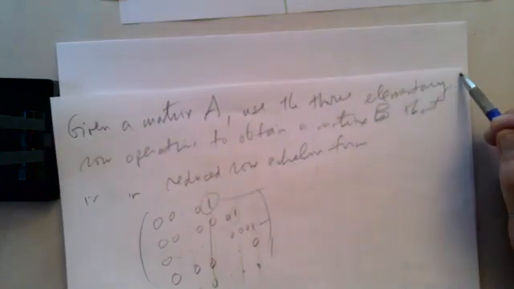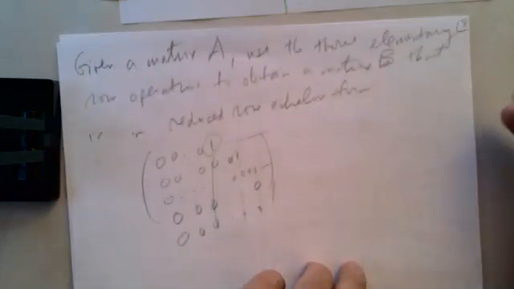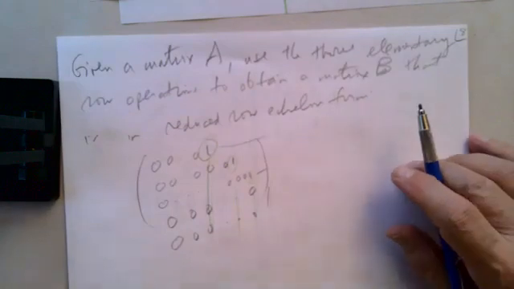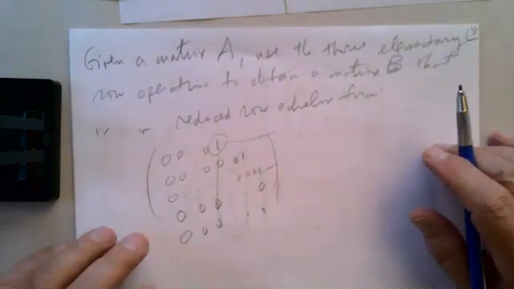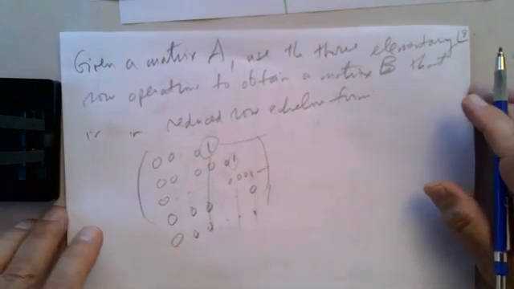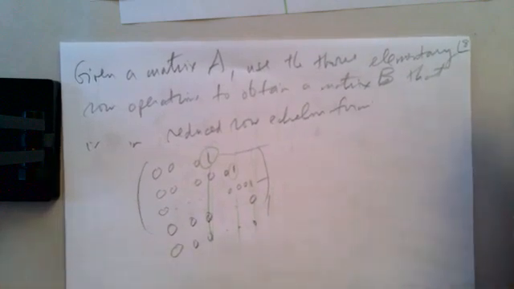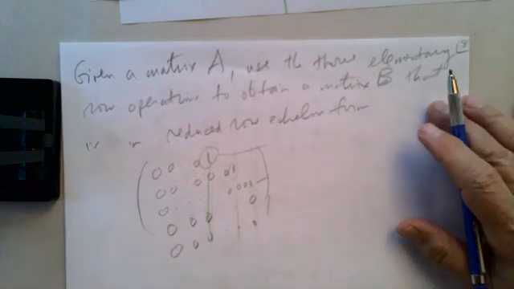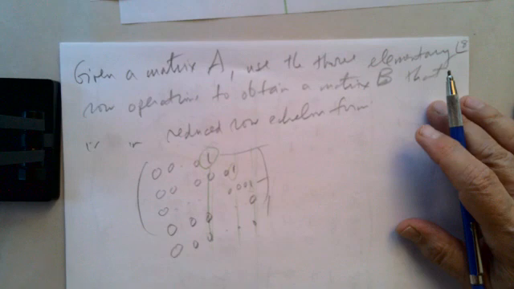If the problem says solve this system of equations, then you can solve it any way you like. If the problem says use Gaussian elimination, then that's what you're supposed to do. If it says solve the system of equations by putting the augmented matrix in reduced row echelon form, that's what you have to do.